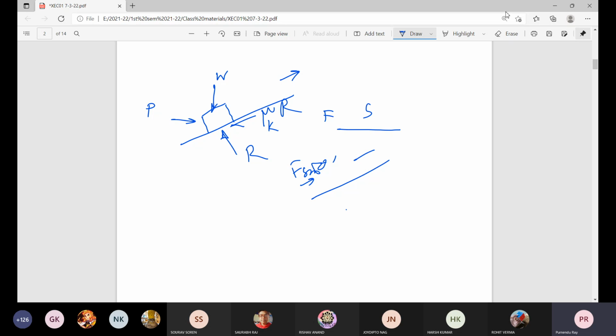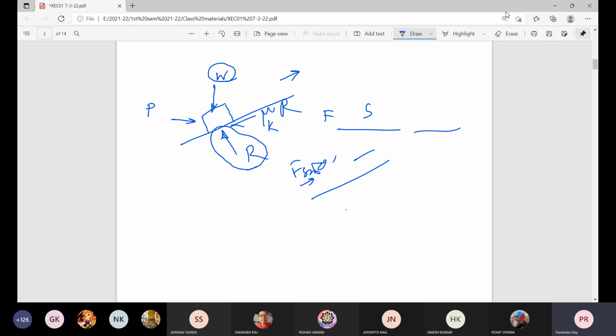But whatever you consider, you will find some forces which are perpendicular to the movement. When it is moving horizontally, then W is perpendicular to that. When we consider the force component along the plane and actual movement you have considered, then this reaction is perpendicular to the direction of movement.